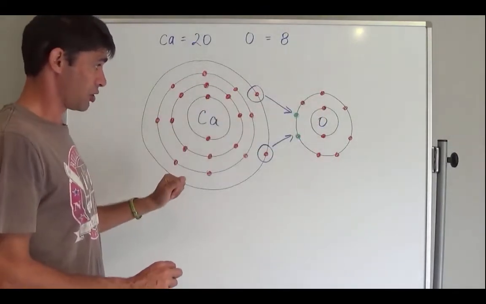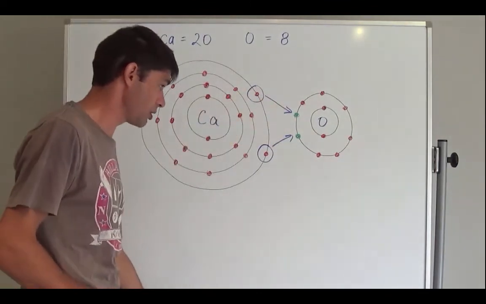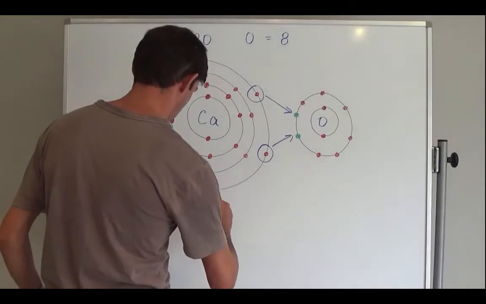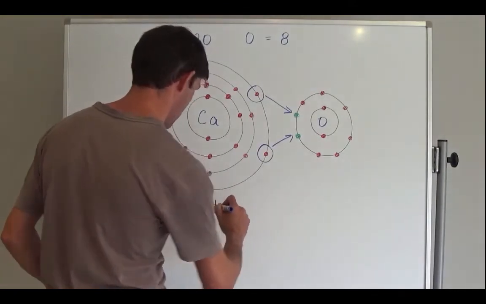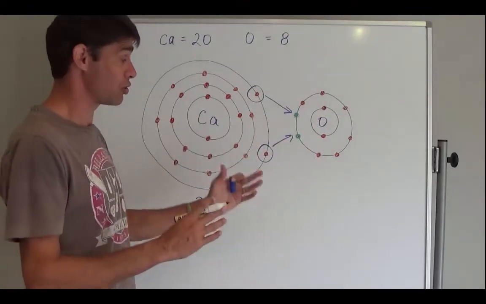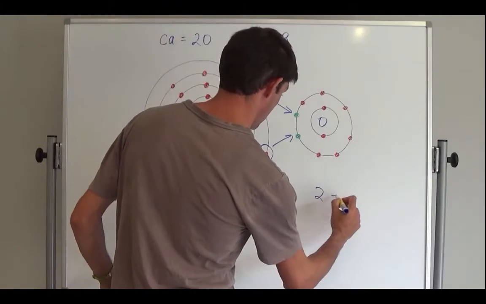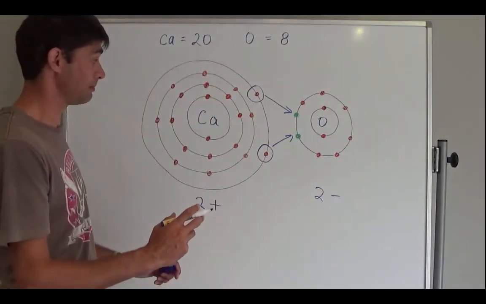Let's quickly have a look at the charges now. Calcium has lost 2 negative charges, so calcium becomes 2 positive as a result. Oxygen has gained two negative charges. So oxygen becomes 2 negative as a result.